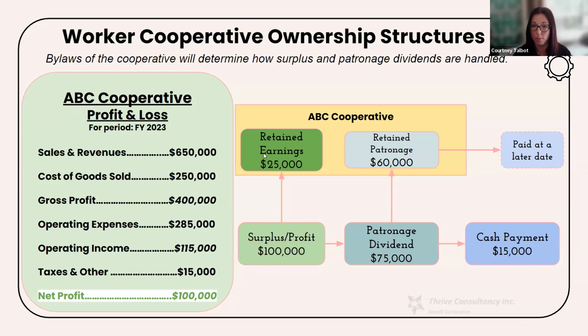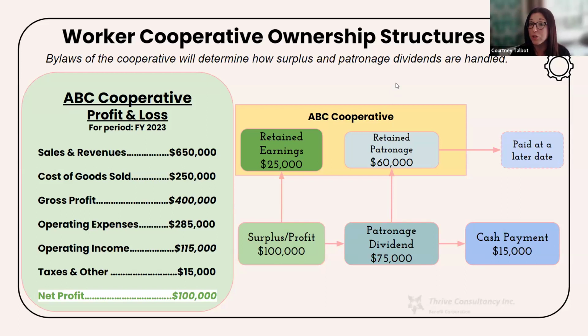It goes from net profit now to retained earnings. The remaining 75% is being paid as patronage dividends, part in cash, 20% per the IRS rules, the remainder in the member or worker owner equity accounts.